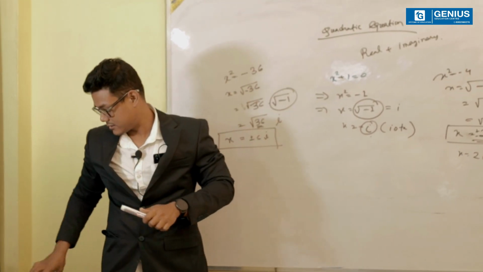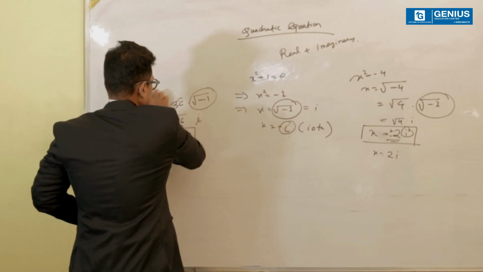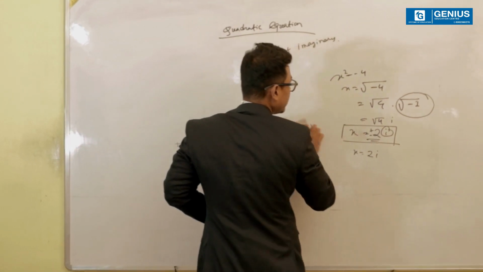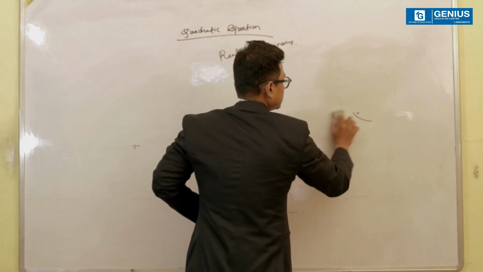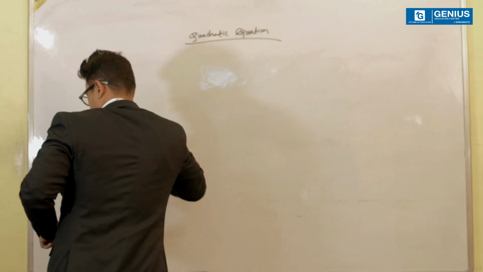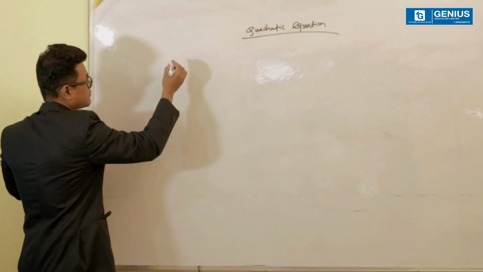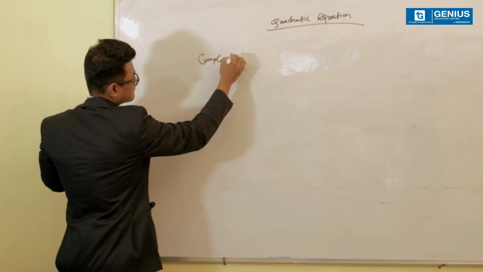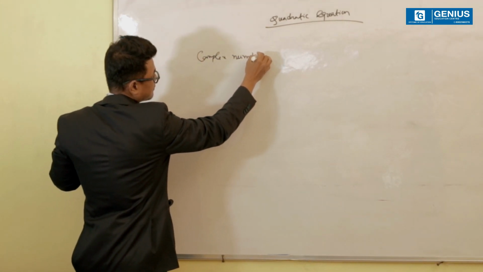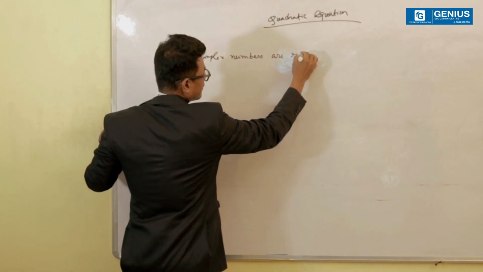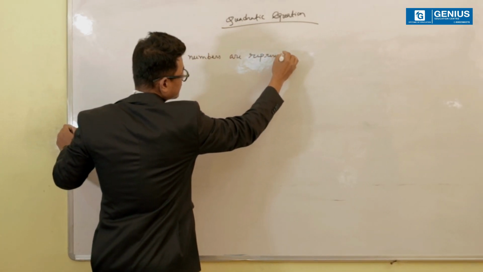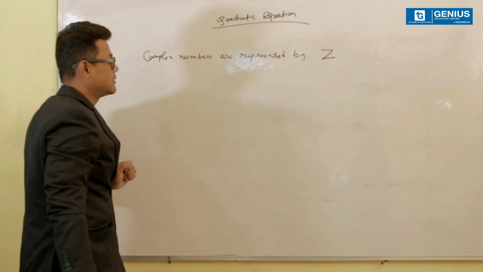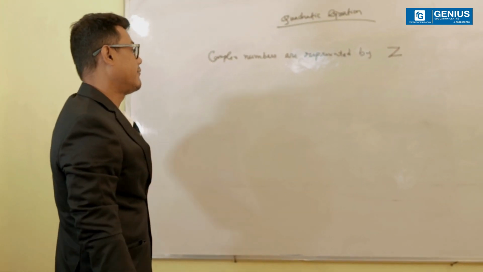So any number that has a real part and an imaginary part together is called a complex number, and complex numbers are represented by the capital letter Z of our English alphabet.